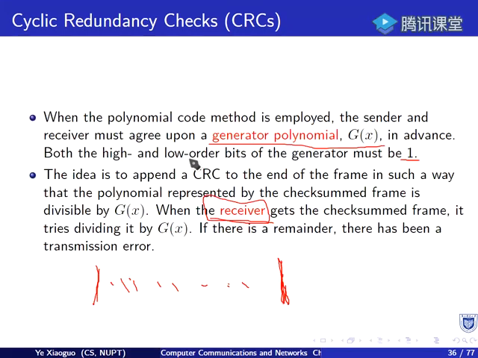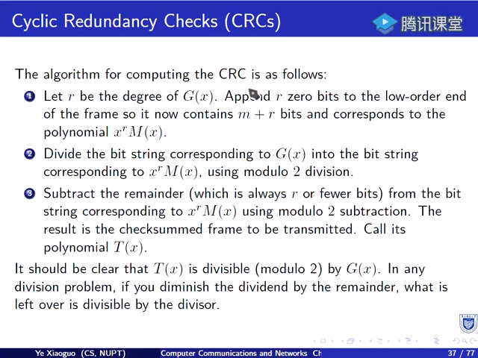For example, if G(x) is 11001, then what is r? r is 4, right? If G(x) equals 11001, then r is 4.